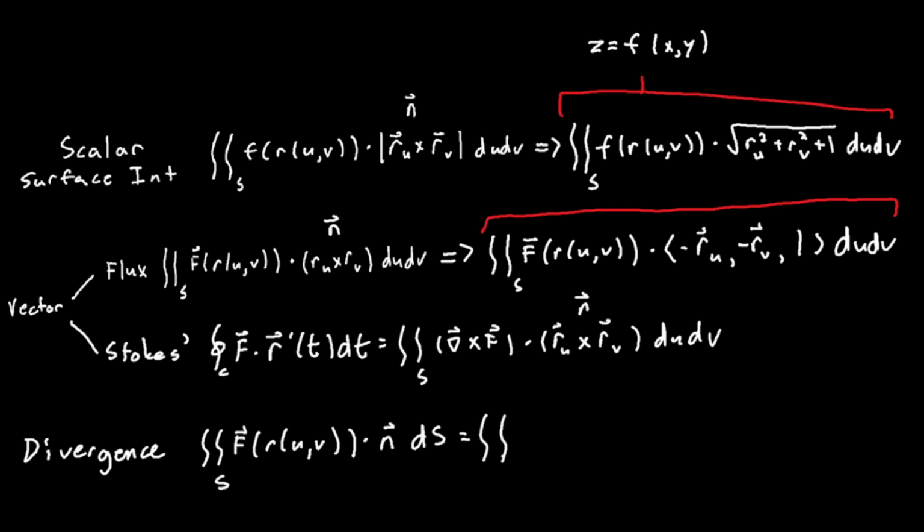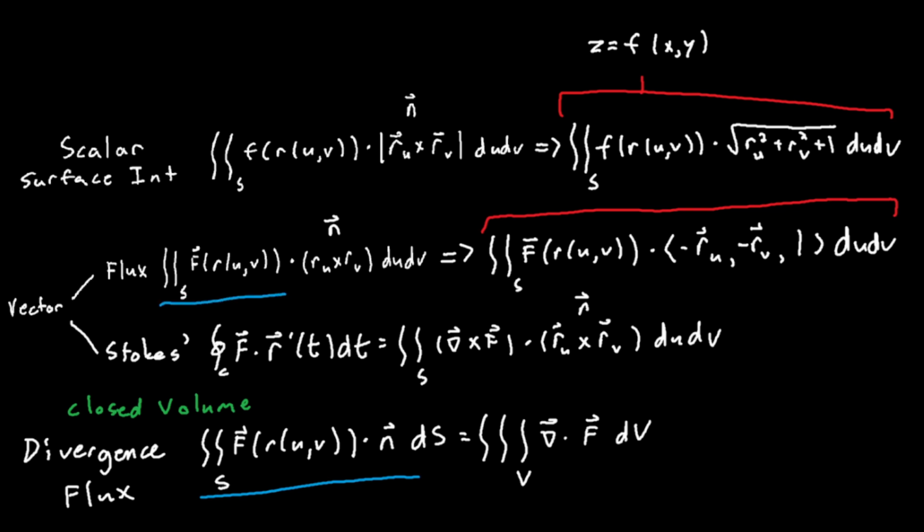And you could turn this into a triple integral if you have a closed volume. And you can make it so that all you have to do is dot del with your vector field, and then you can find the flux. So this solves for flux. And let's underline this. This right here is just a rewrite of this guy right up here.